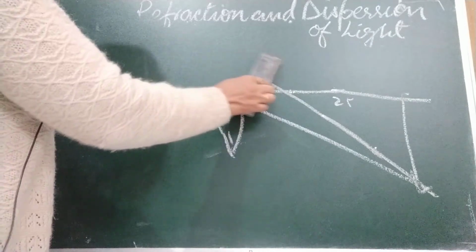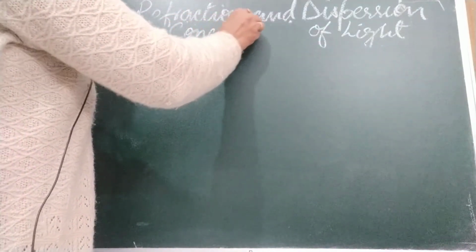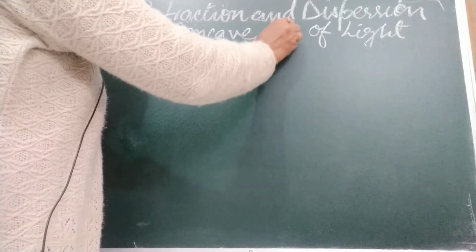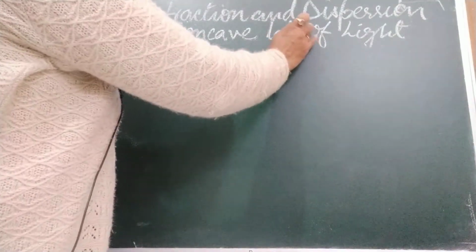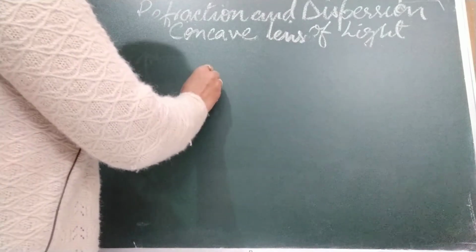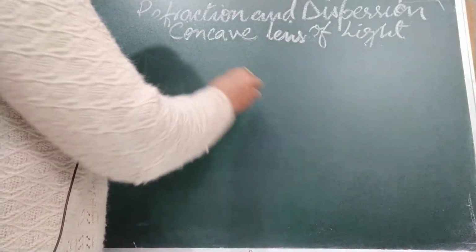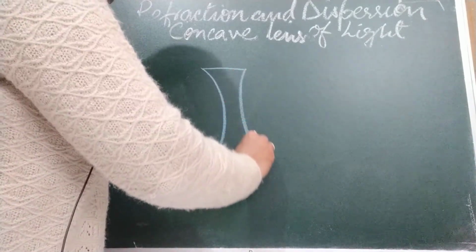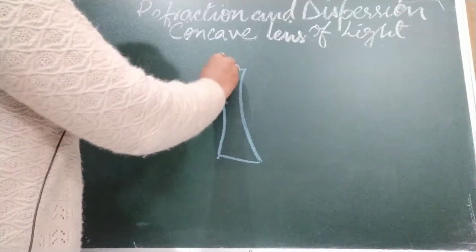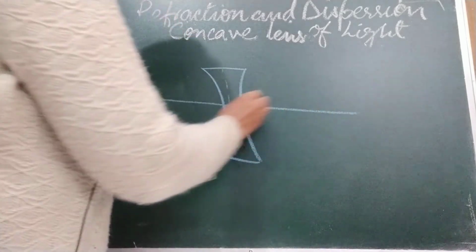And next, concave lens. In a concave lens, always the image is formed, because at first I am going to tell you, this is a diverging lens. This is the optical center. The principal axis is passing.